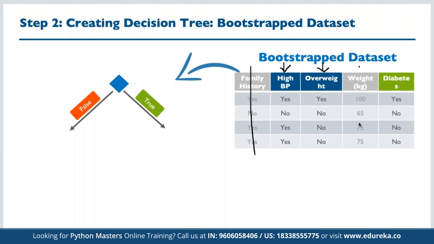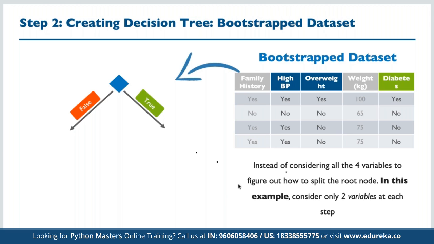So these two columns are not shown. Now this node here will split your data based on these two columns only. The next tree can get a different set of columns, right? That process will continue, and as it says, instead of all the four variables, we are going to take only two variables.